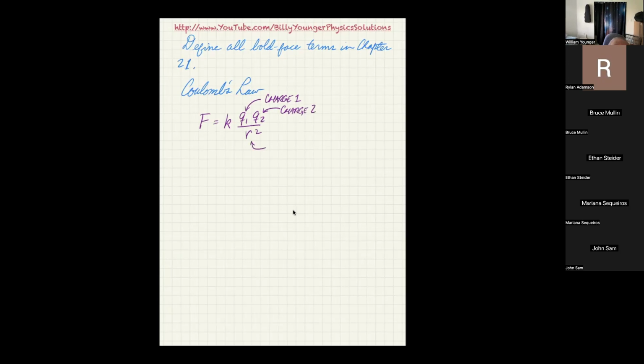And this is the distance between the two point charges. Now, notice I just called them charges earlier. I'm trying to point out that they're point charges, 2 point charges.